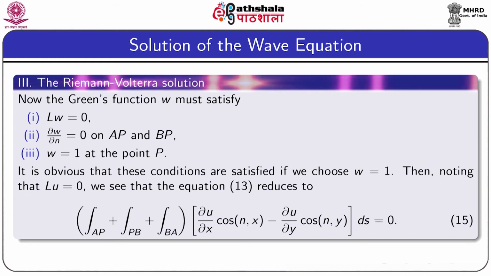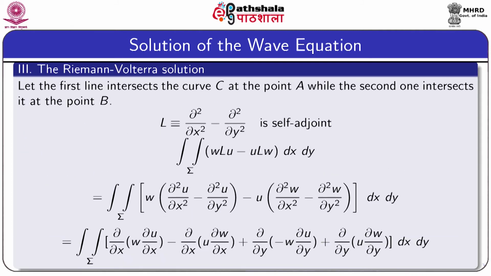We have also Lu = 0, and then if we go back to relation 13, the left hand side of that expression is wLu - uLw.